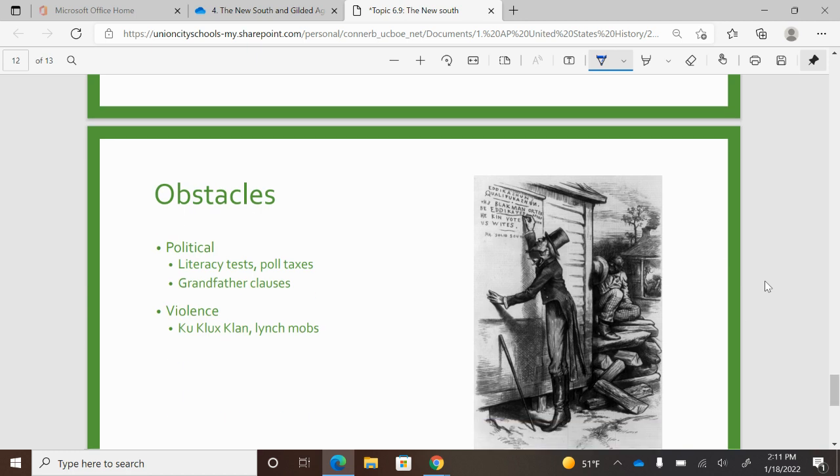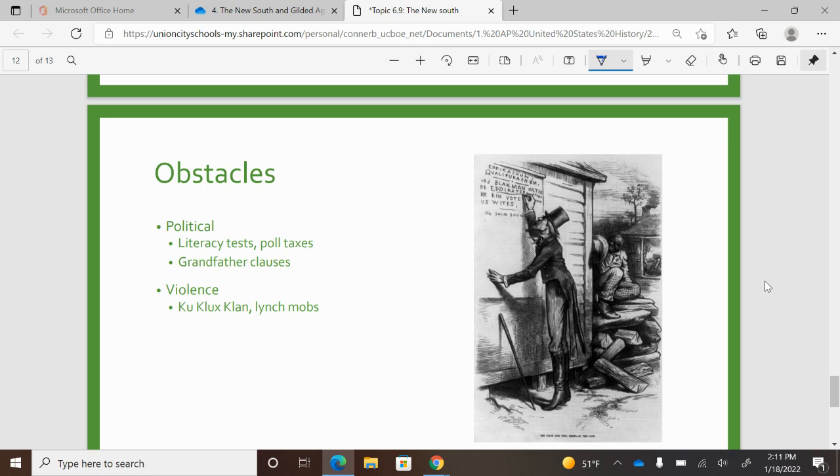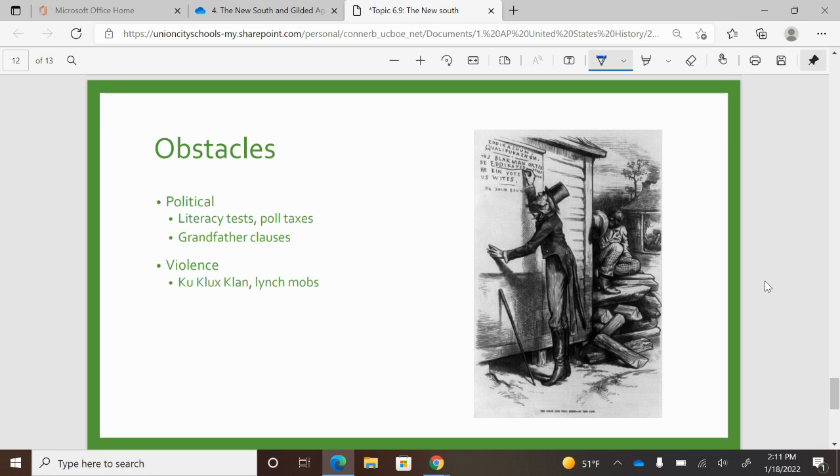So, some of the obstacles that African Americans are going to have to face during this time when it comes to being able to vote. They're going to be, in some cases, required to take literacy tests to prove their intelligence, their thinking, their literacy, however you want to word it. You have to pass. You oftentimes had to make a perfect score on these to be able to vote. They would also sometimes be required to pay poll taxes, which is what it says.